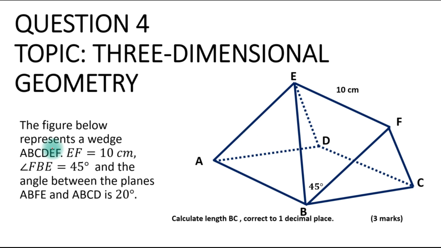So the figure below represents a wedge ABCDEF, whereby EF is 10 centimeter, then angle FBE is 45 degrees, and the angle between the planes ABFE and ABCD is 20 degrees. Calculate the length BC, correct to 1 decimal place.